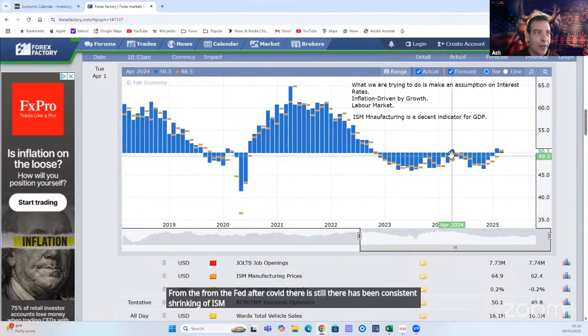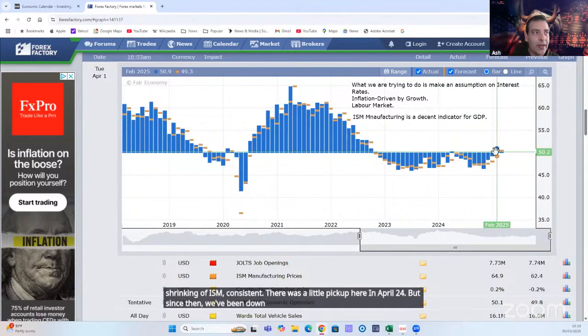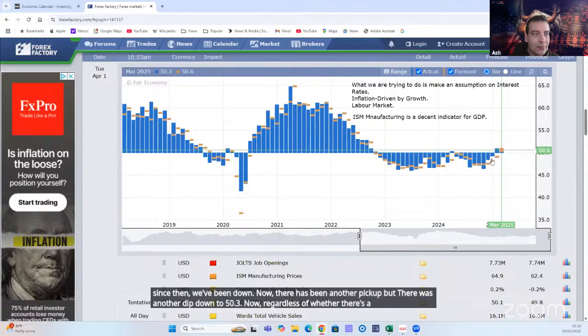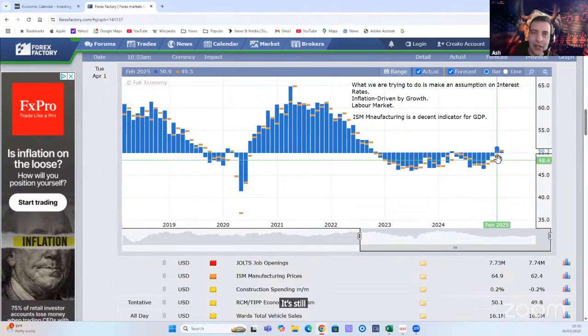There was a little pickup here in April 24, but since then we've been down. Now there has been another pickup, but there was another dip down to 50.3. Regardless of whether there's a pickup here, it's still just about above 50. So very, very slight growth.